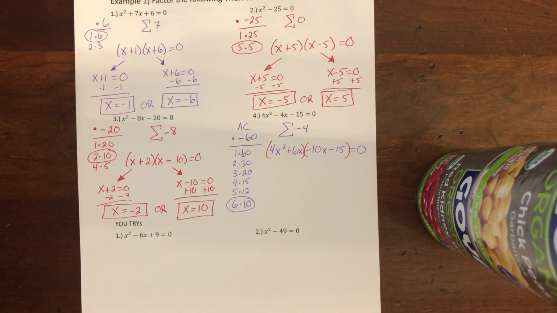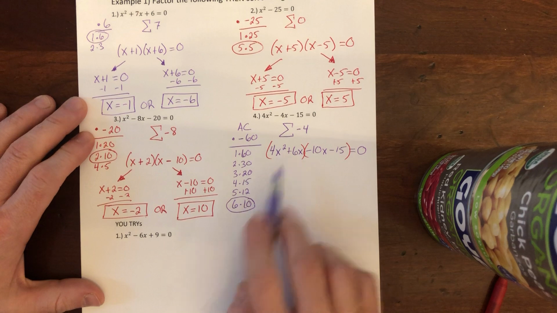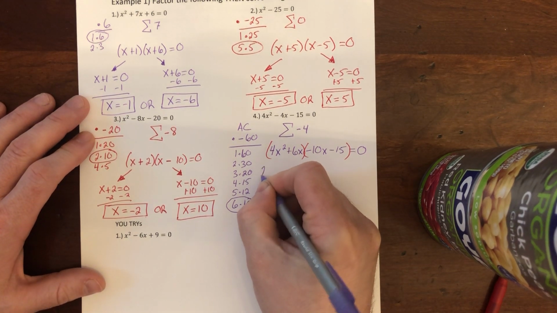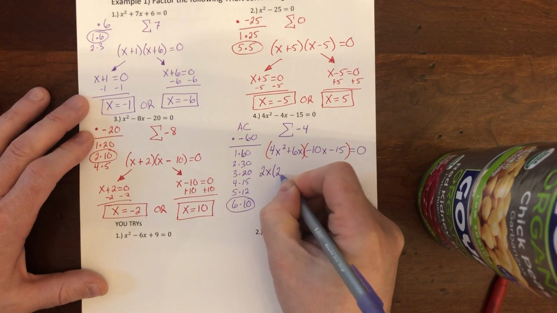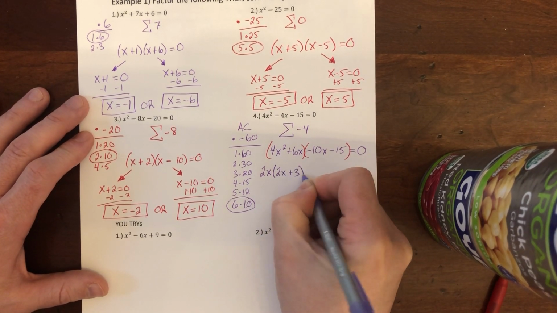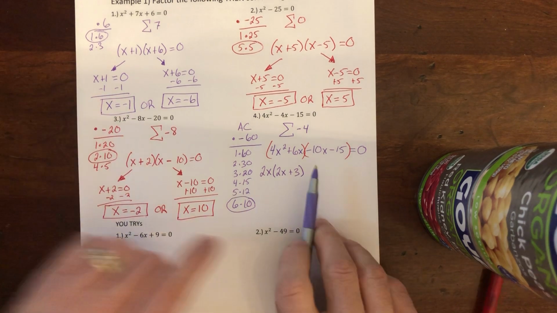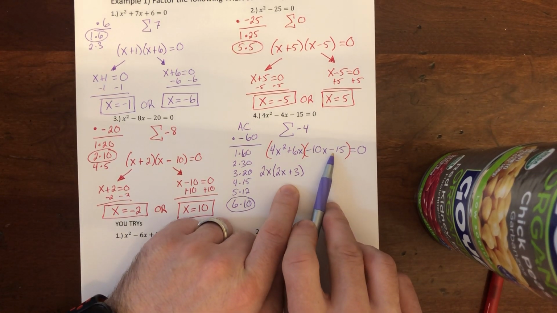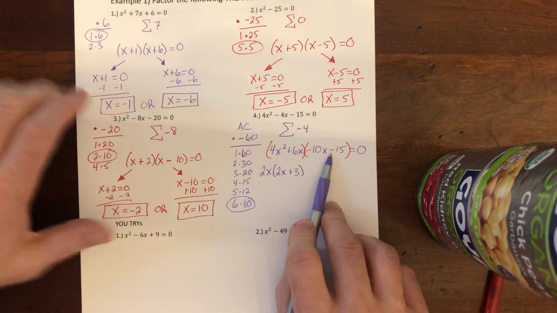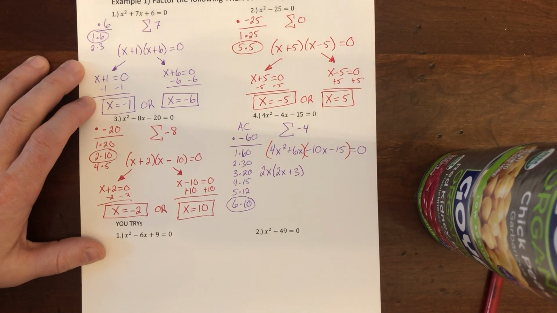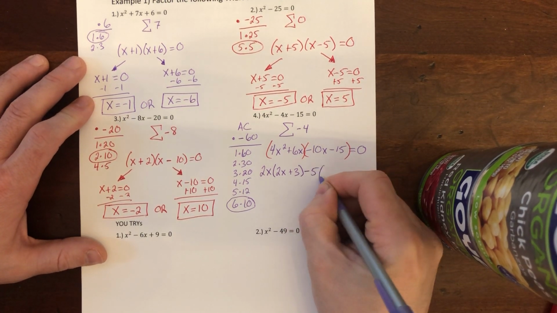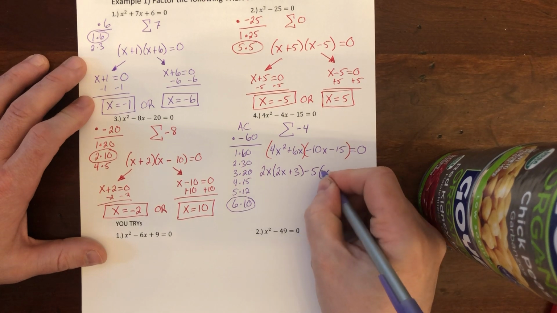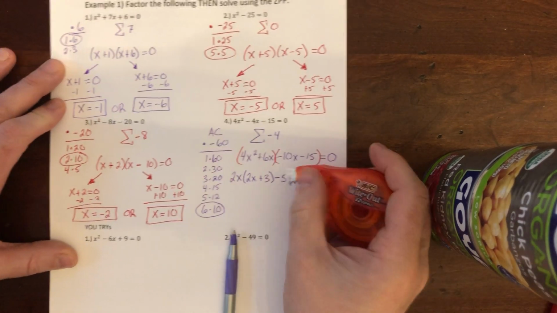We need to realize, well, what does 4x squared and 6x have in common? They have a 2x in common, and that leaves us with 2x plus 3. Now we notice in our second parenthesis, it's a negative here, but we want it to be a positive, so we should probably factor out a negative here. And we need to think, well, what does -10 and -15 have in common? They have a -5, and that's going to leave us with, sorry, let me rewrite that.